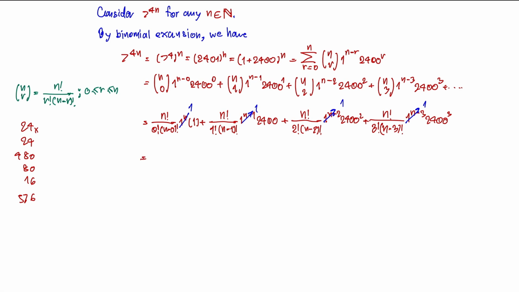So we're going to have 1 plus, for the first term, n factorial, which is actually n times n minus 1 factorial, so the n minus 1 factorial cancels. The next term, n factorial is n times n minus 1 times n minus 2 factorial, and the n minus 2 factorial cancels. And n factorial is n times n minus 1 times n minus 2 times n minus 3 factorial.